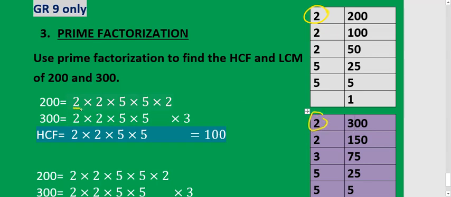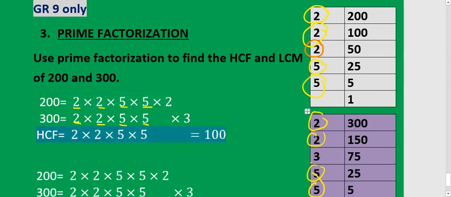So I started with the ones they have in common. They have another 2 in common. So I put those ones down, 2. They've got that 2 they don't have in common, but they have 5 in common. There's that 5 there, and they've got another 5 in common. So we start by listing all the factors that they have in common, and whatever they don't have in common, we will list last. 200 has a 2, but that 2 is not in common, so we list it at the end.